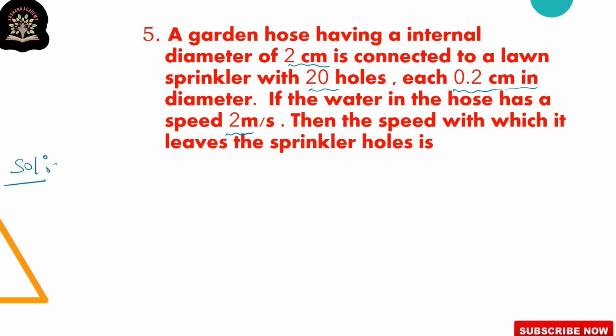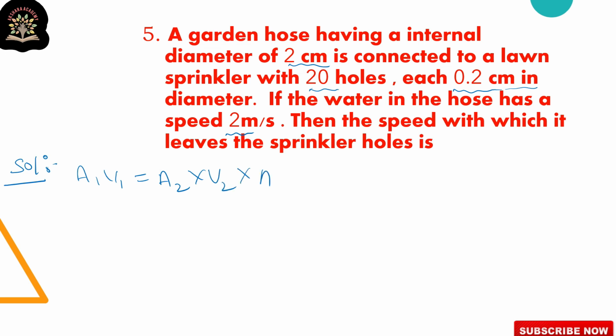Here, given the internal diameter of the hose is 2 centimeters, connected to a lawn sprinkler with 20 holes. Each hole has a diameter of 0.2 centimeters. According to the equation of continuity, A1 V1 equals A2 V2 into the number of holes n.